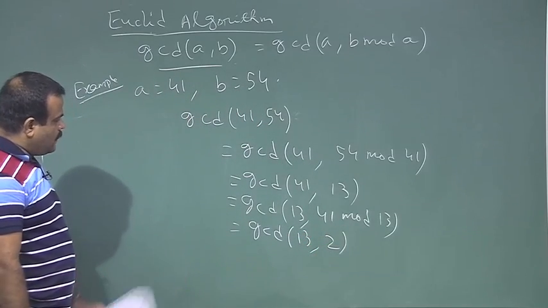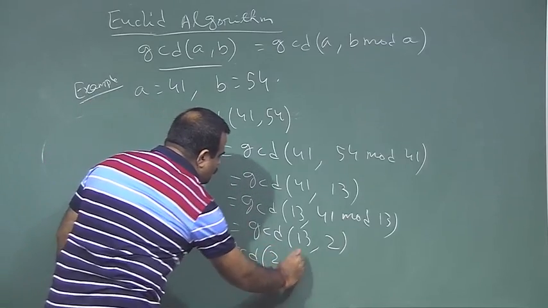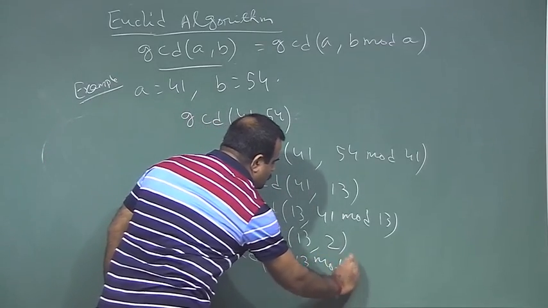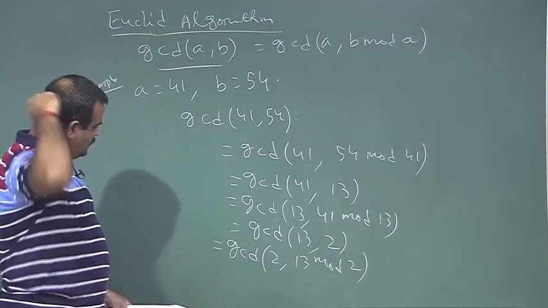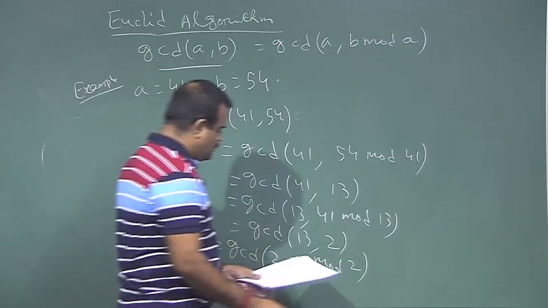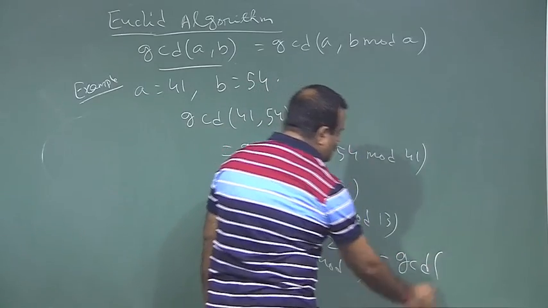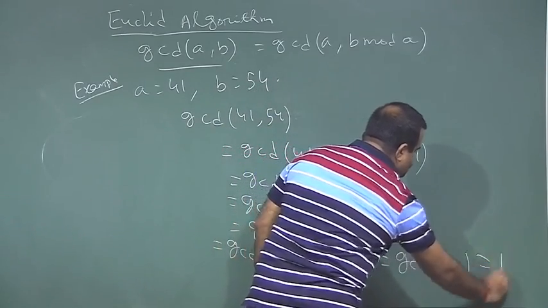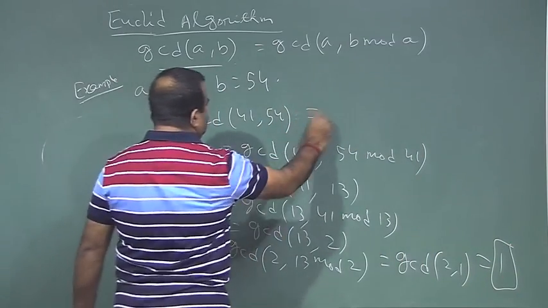Now GCD of 2 comma 13 mod 2, which gives 1. So GCD of 2 comma 1 is 1. So the GCD is 1.